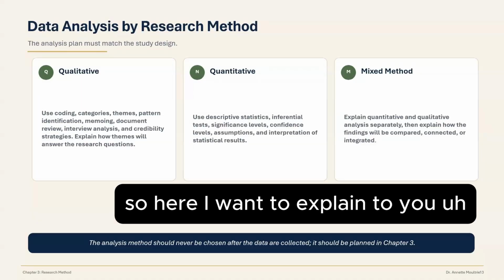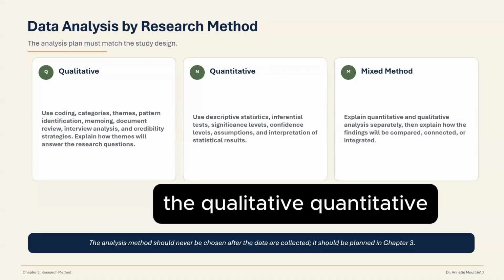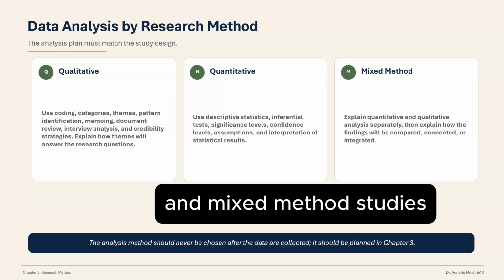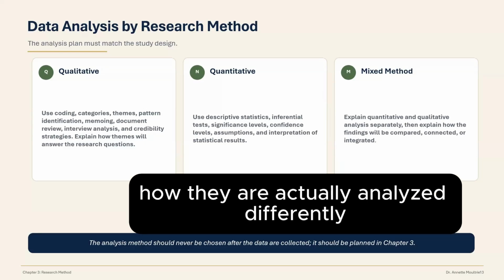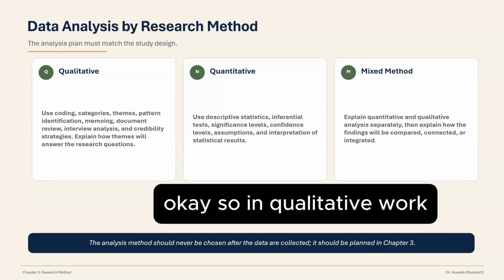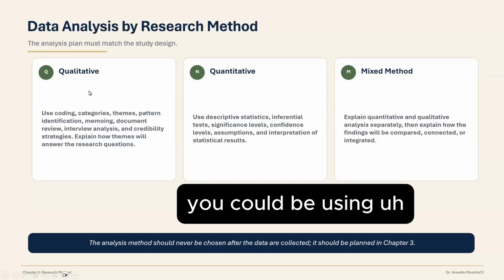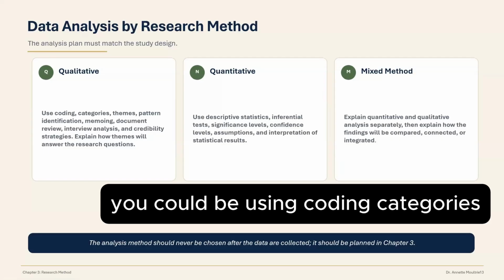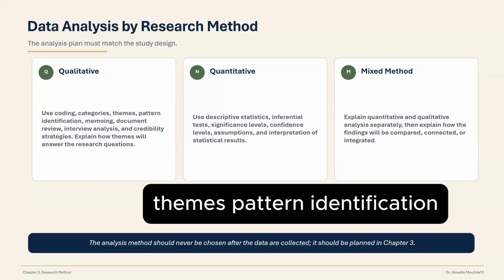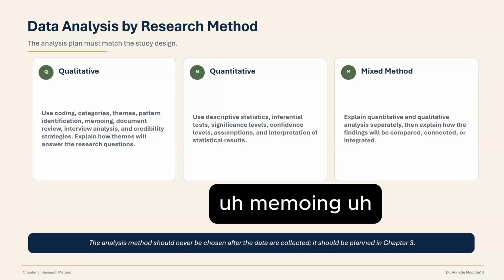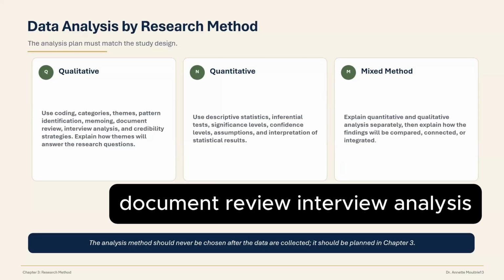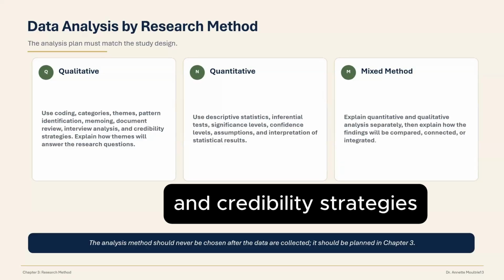So here I want to explain to you how qualitative, quantitative, and mixed method studies are actually analyzed differently. In qualitative work, you could be using coding, categories, themes, pattern identification, memoing, document review, interview analysis, and credibility strategies.